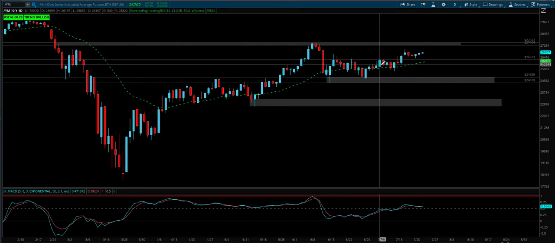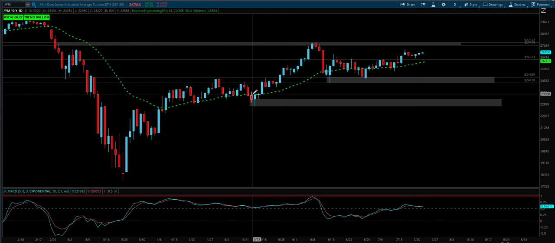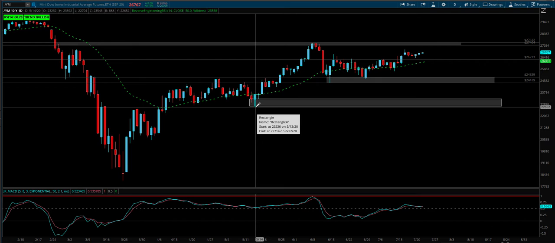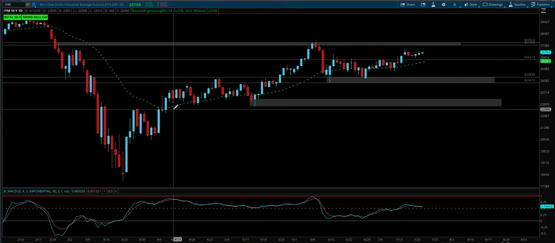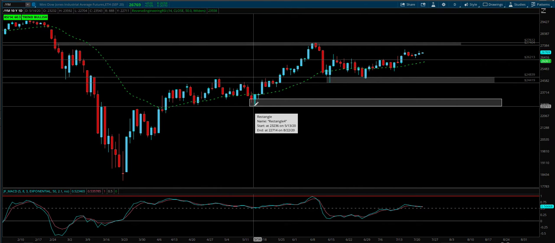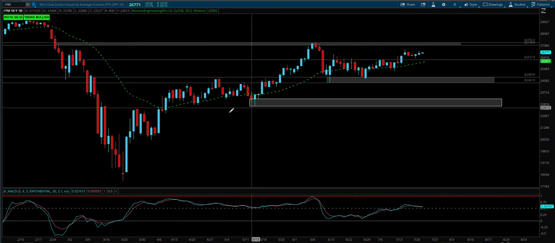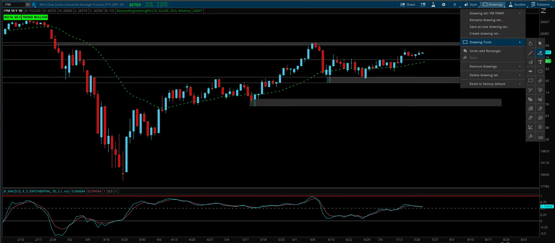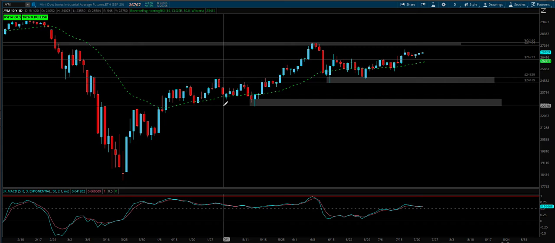So here you can see we came below the RSI moving average, and we got the reaction where this was really just a prior resistance. So these things just don't pop out of nowhere.